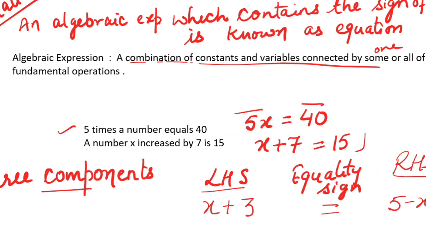So in an equation there are 3 components: left hand side, equality sign and right hand side.